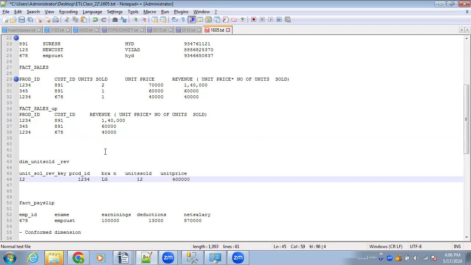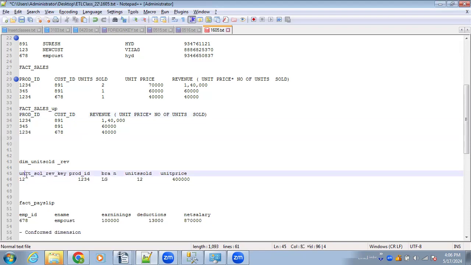By joining these tables, I will get the revenue also, right? When I'm doing this joining, because this fact table now, instead of all these fields, will contain only one particular key, which is nothing but the unit sold revision key. This is the common key.